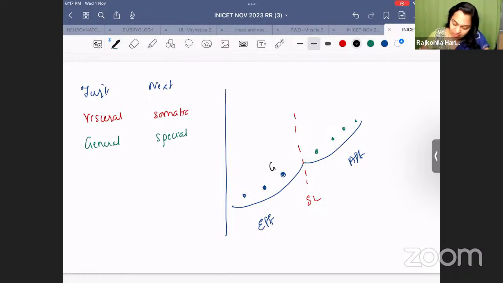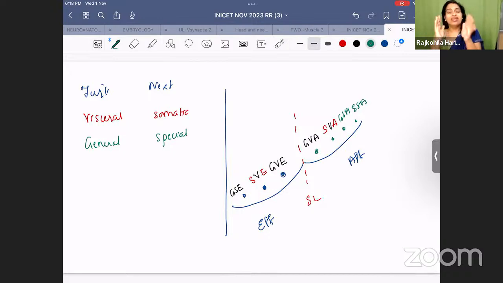This is general visceral efferent, and this will be general visceral afferent. Again we also have the visceral columns, but the special ones: special visceral efferent, special visceral afferent. Then the somatic next: general somatic efferent, general somatic afferent, special somatic afferent.